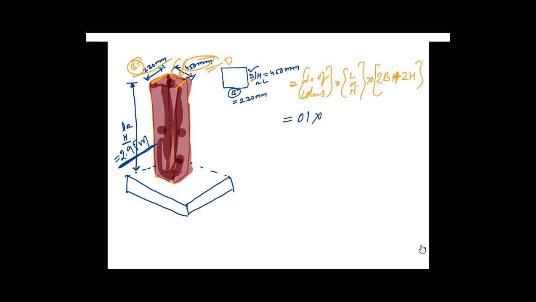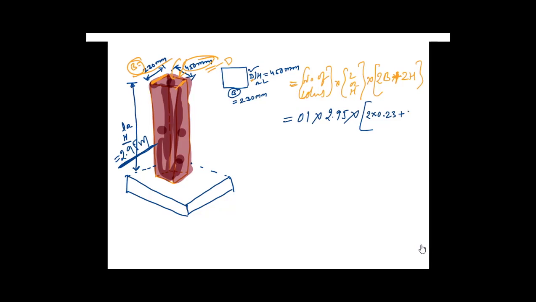For real-time examples, the height of the column will be mentioned in the drawing itself. So here it is 2.95 multiplied with 2 times B, B is 230, so it is 2 times 0.23. See here all our dimensions are in meter. Even if the dimension is given in mm, we have to convert it into meter by dividing by 1000.